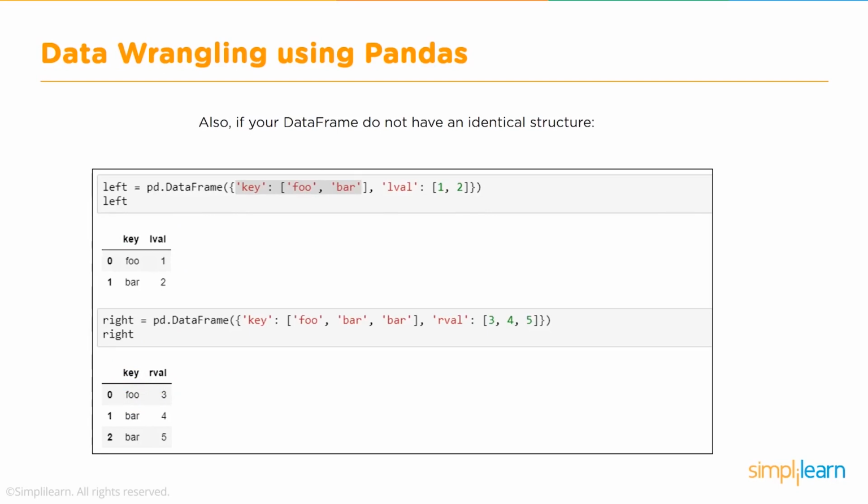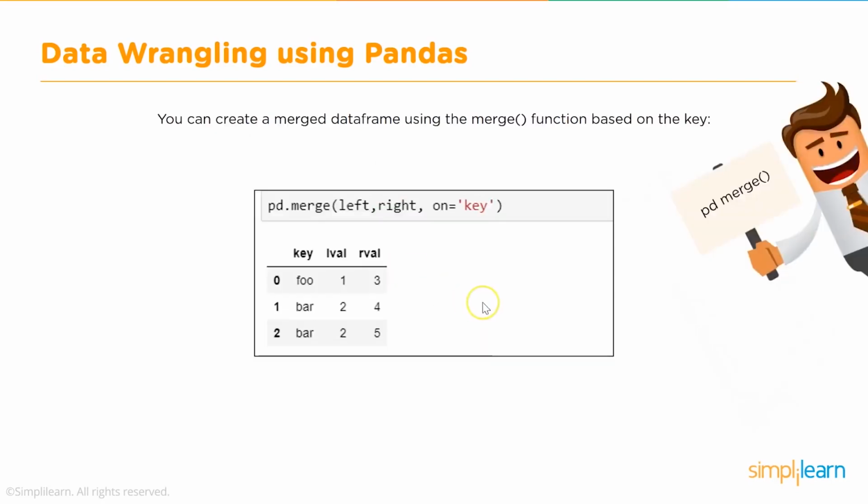You can still combine them, but the way they get combined or merged is somewhat like this. It takes the key as a common parameter between them. Some common column has to be there, otherwise this will not work. And then we have to use merge instead of concatenate. And when we do a merge, the result will be in this format.